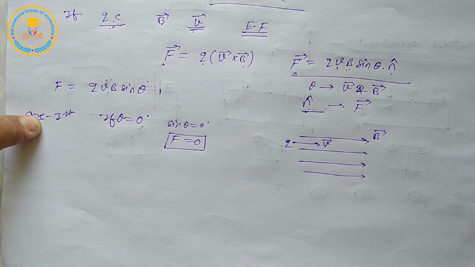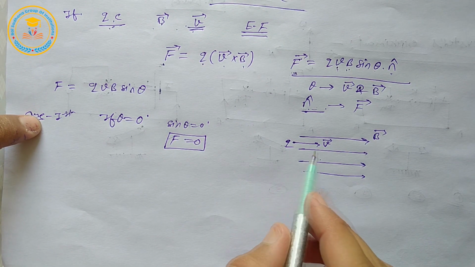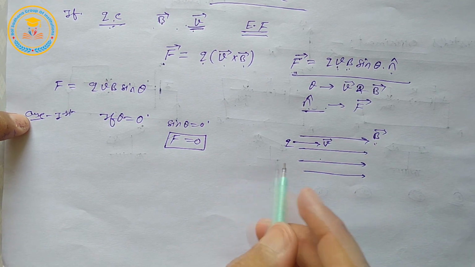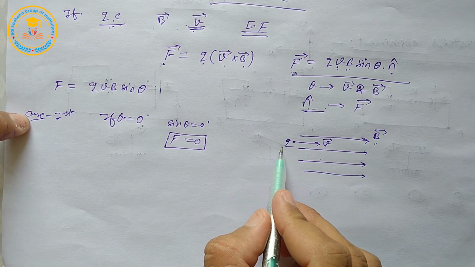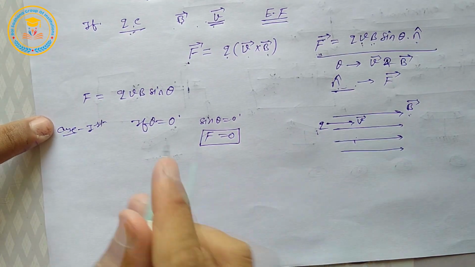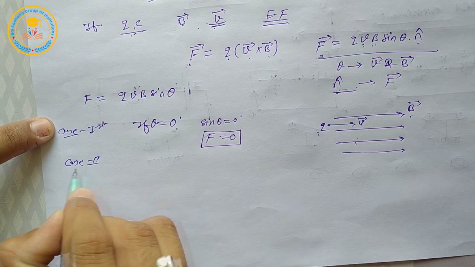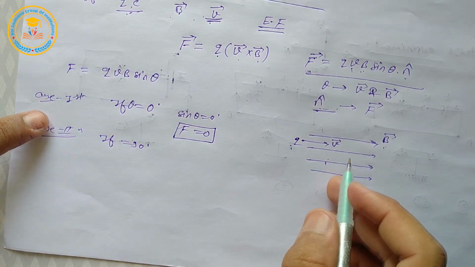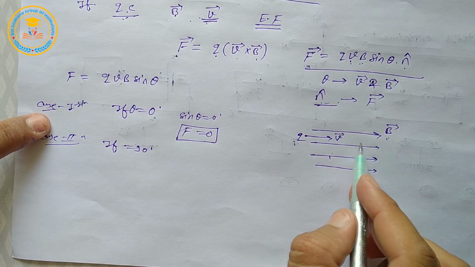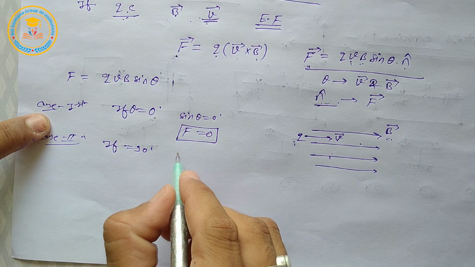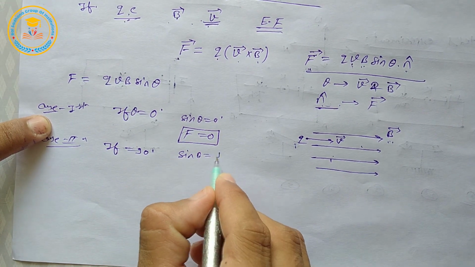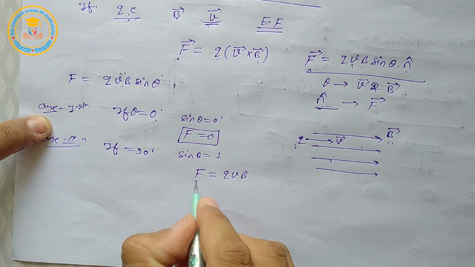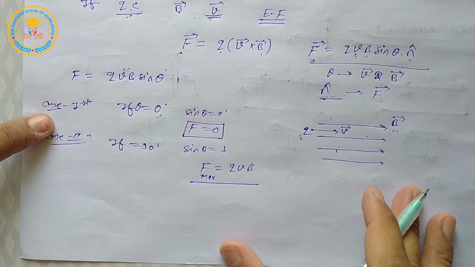Then we can say if a charged particle is moving in the direction of a magnetic field, then force applied on this charged particle will be 0. Case second, if theta is equal to 90 degrees, it means the charged particle is moving perpendicular to the direction of magnetic field, then sin theta is equal to 1, then F is equal to qvB. In this situation, force is maximum.